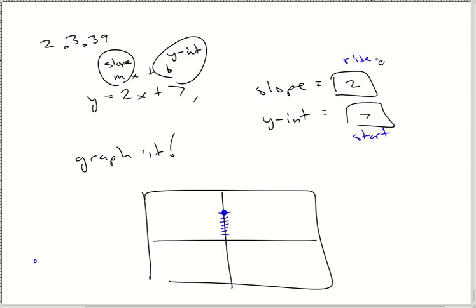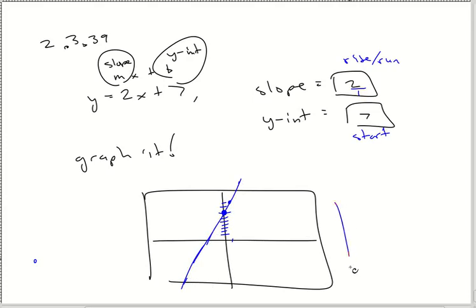This is that rise over run stuff. I'm going to rise 2, but I'm going to go over 1. And you're thinking, why over 1? Because this is 2 over 1. 2 is equal to 2 over 1. Rise 2, run 1. Unless there's an actual fraction, just say divide by 1. And so I'm going to have that line, and then you click it, and it has that line that looks like this. You submit it, it says great job, and you're done.